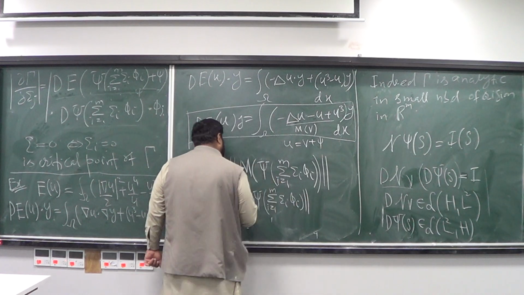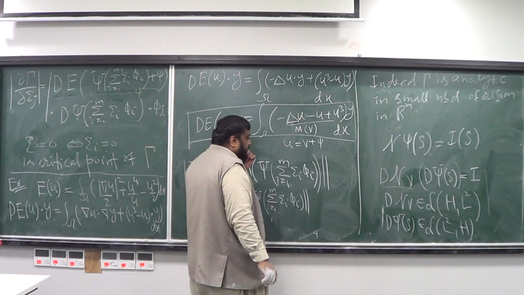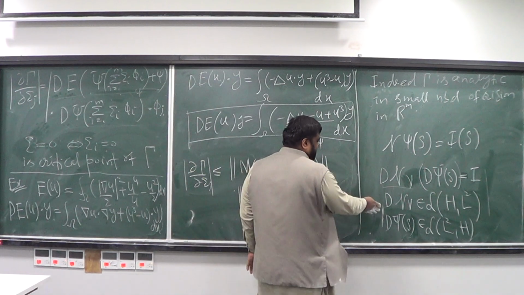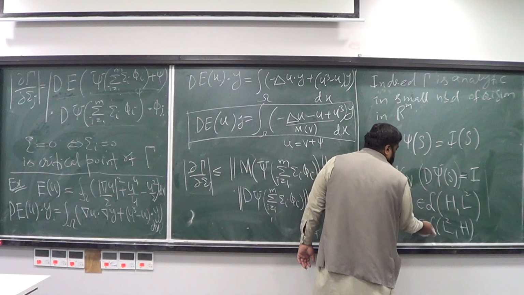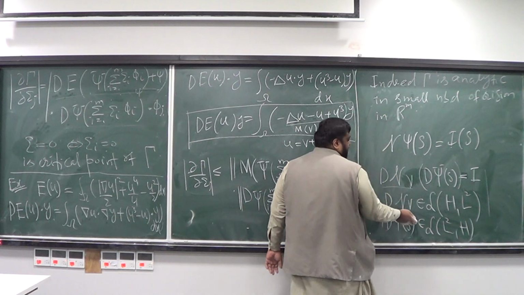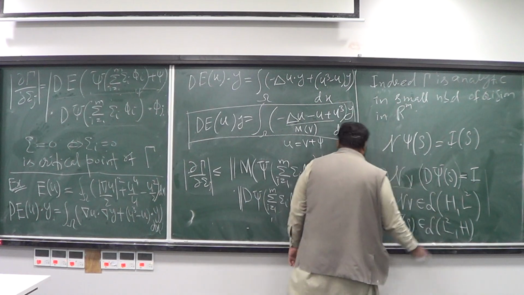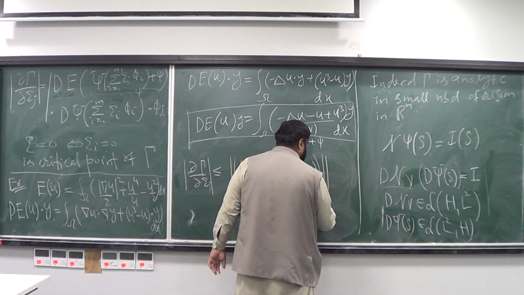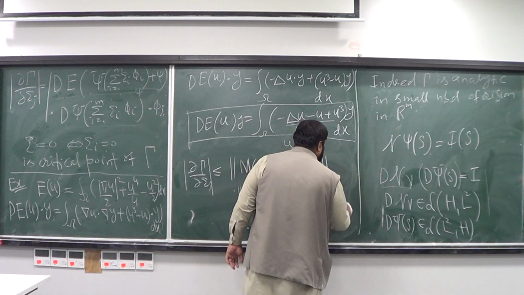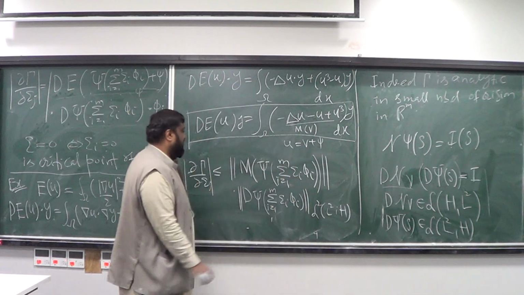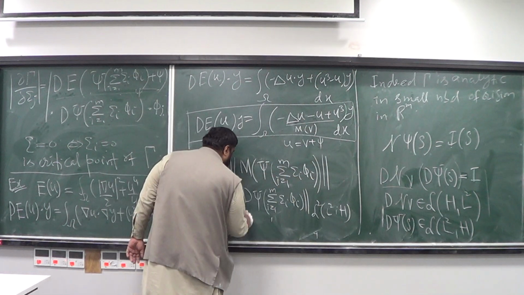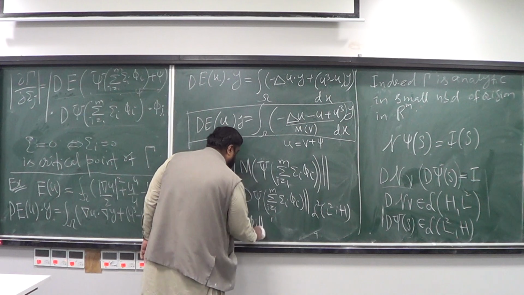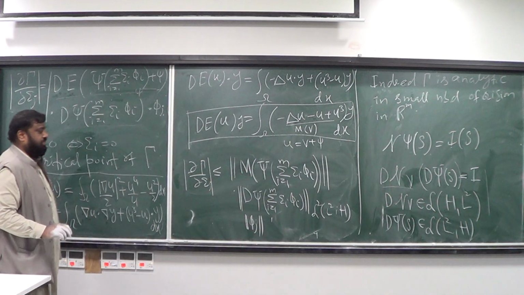And if you wish, you can compute this norm, because d psi is a linear map from L2 to H, so you can consider its operator norm from L2 into H, times the L2 norm of phi j.